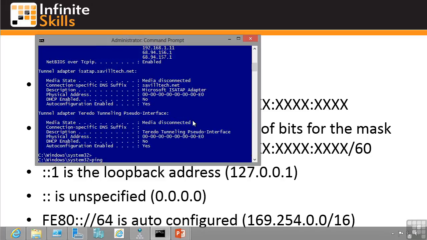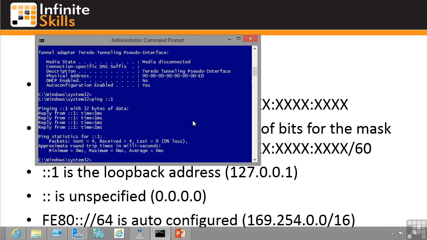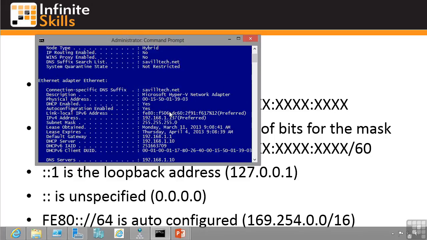I can say ping ::1, and that's pinging myself. That was the same as 127.0.0.1 in the IPv4 world. For the unspecified address, so any host, it's just ::. And again, we have this auto configuration section, which was like the 169.254, which is FE80::, which is what you could see for my IP address.